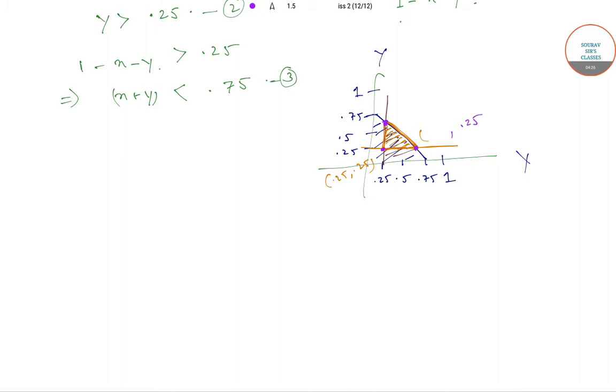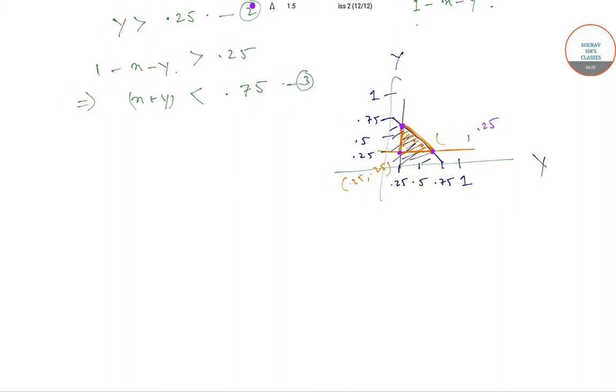Putting y equal to 0.25 in equation number 3, we get x equal to 0.5. So this point is 0.5, 0.25. Similarly, the coordinates of this point are 0.25, 0.5. So we get the coordinates of these 3 points.